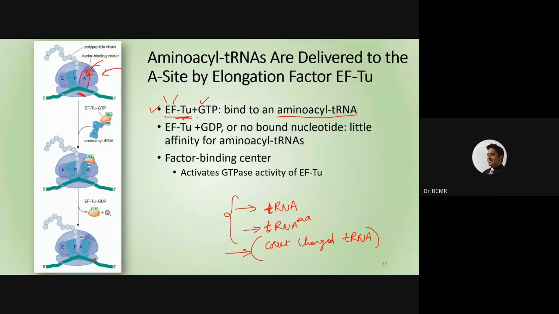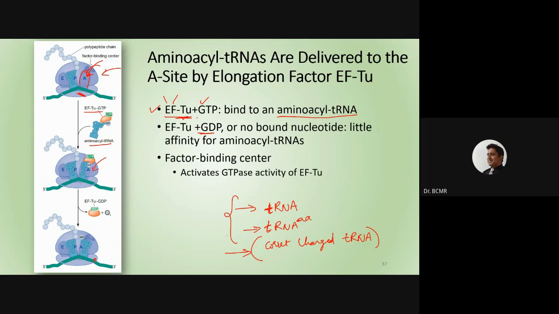If GDP is bound, then the EF-Tu will not have affinity for tRNAs. As a mechanism, you can think of EF-Tu along with GTP bound to a charged tRNA, and it is now occupying the A site.